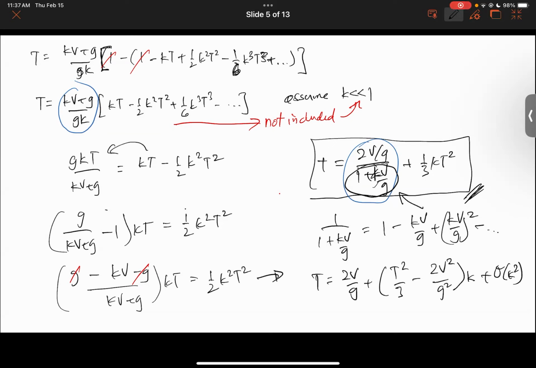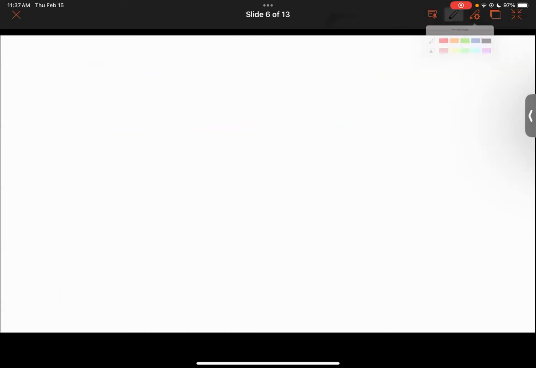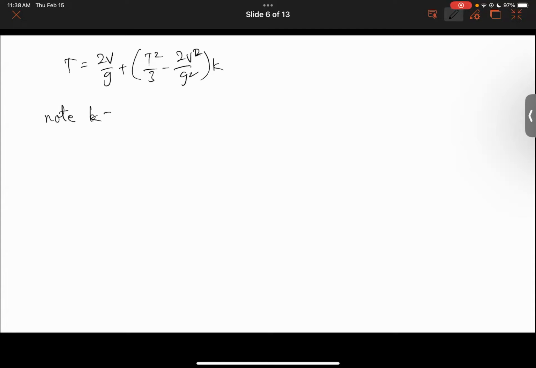Now we end up with this rather simple equation for T, easily solvable because this is just T squared, and we can easily solve that expression. Notice that if K is 0, I'm just going to rewrite that expression on the next slide: 2V over G plus T squared over 3 minus 2V squared over G squared times K. Note that if K is equal to 0, then we have 2V over G. And remember that V is equal to V naught sine theta.